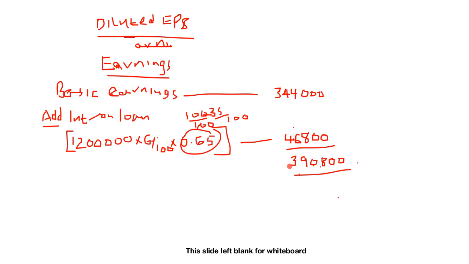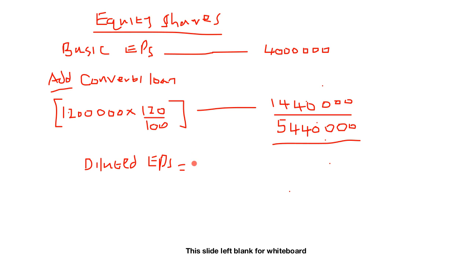The 390,800, so the earnings 390,800, divided by now the WANOS, which in our case is 5,440,000.